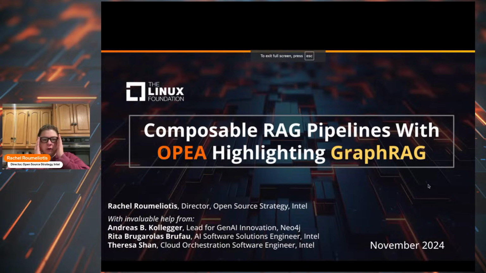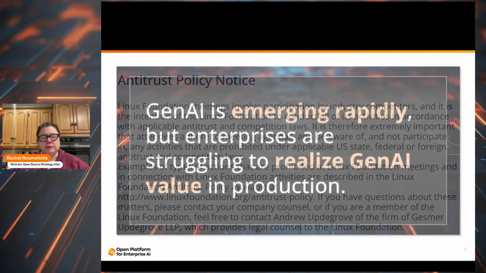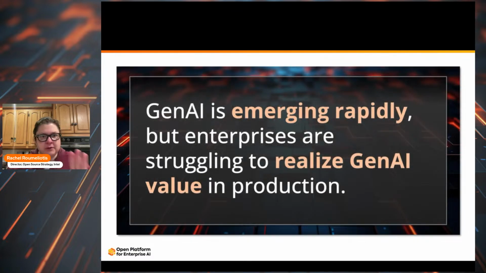Big shout out to Andreas from Neo4j and my colleagues Rita and Teresa from Intel. We won't take a super long time to go through all of this since we covered it earlier in the event.